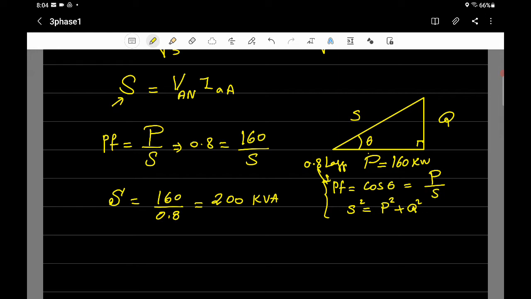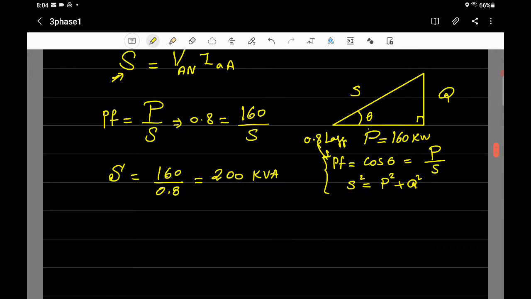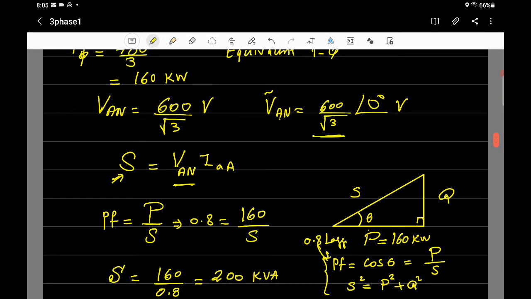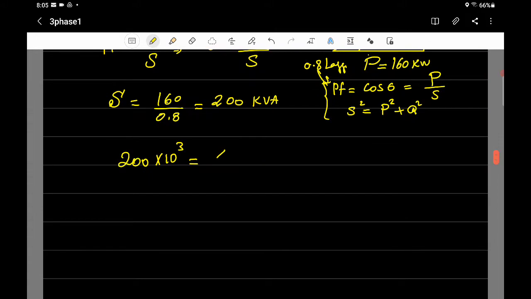Now can you find the current? Yes, you can. Use this equation. S is equal to 200 kilovolt ampere, so multiplied by 10 to the power 3, equal to the voltage VAN, which is the magnitude 600 over square root of 3, times the line current from A to A, magnitude.